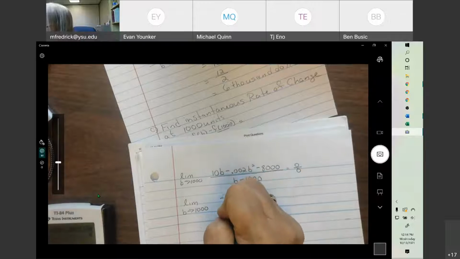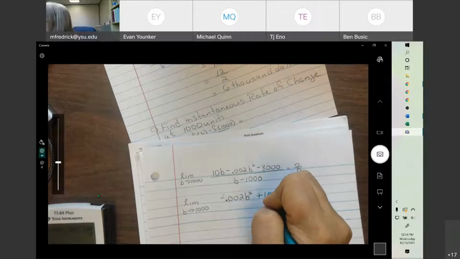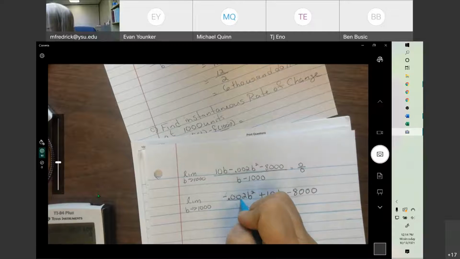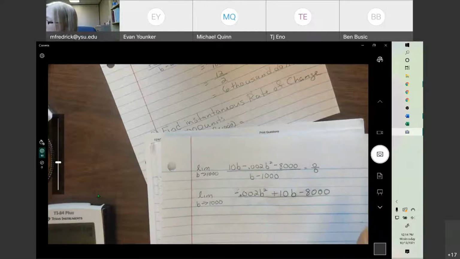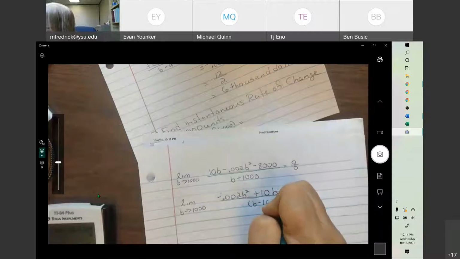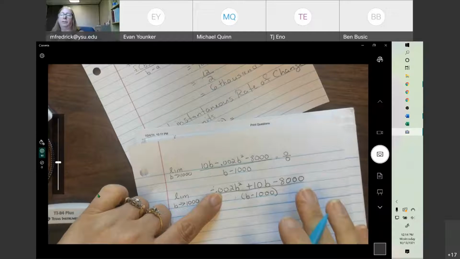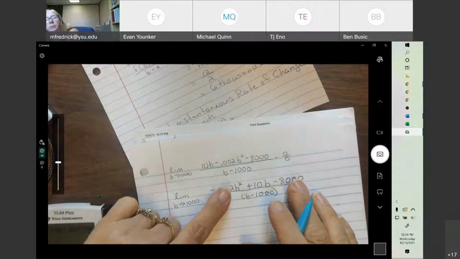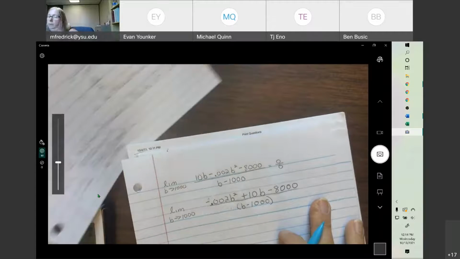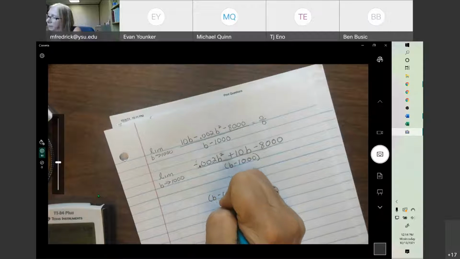So the negative 0.002b squared should be first. The 10b is the middle term, and then the 8,000. So if you're going to factor, you should put them in order first. That way you can look at the first term and the last term. Those are the only two you need to worry about when you're doing the trial and error. Because we know it has to have a b minus 1,000.